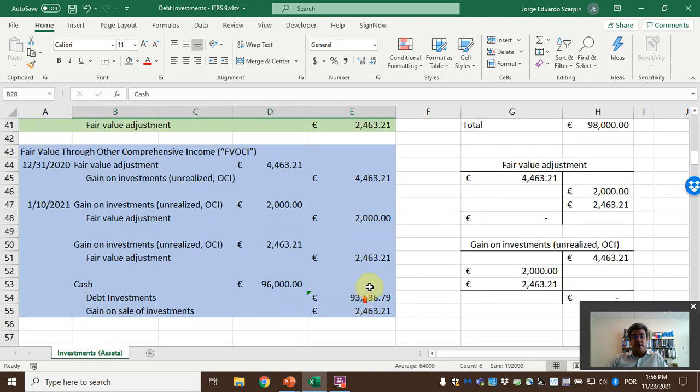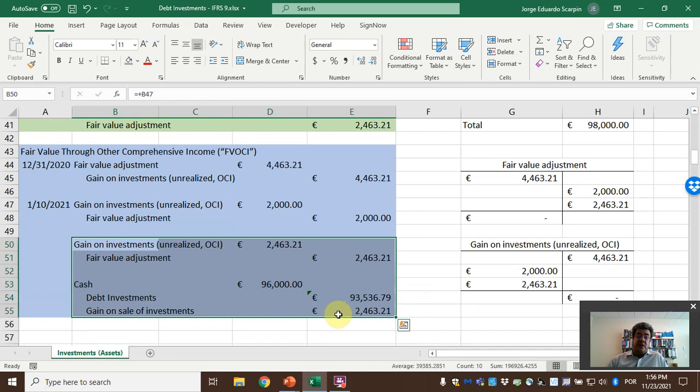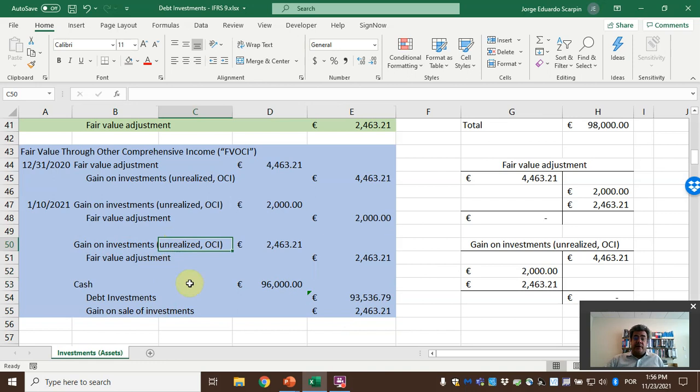So it will be 2,463. So only in two, because if we don't do that, it will be missing some numbers here. If we do here this gain on here, it will not be good. So it will not be a very good journal entry here. It would be a huge and a mess one.